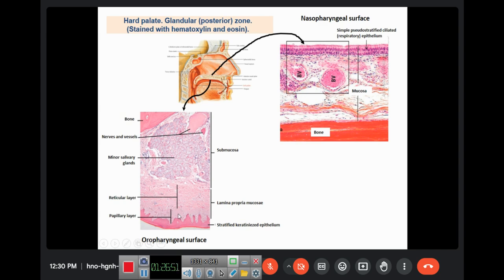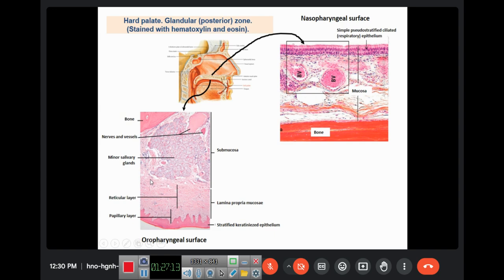So the more wavy surface of the attachment we have, the more tight attachment we have in the result. So papillary layer with high papillae, and next goes reticular layer with more dense connective tissue with a lot of thick bundles of collagen fibers.